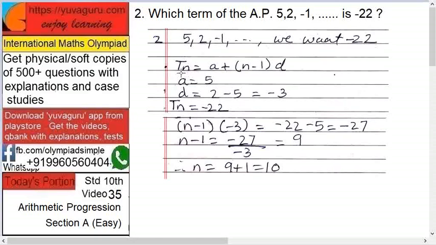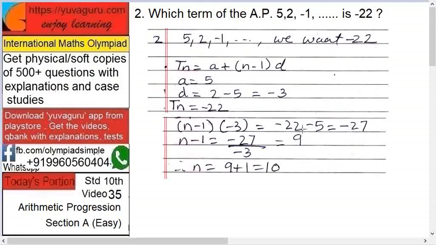Therefore, minus 22 equals to 5 plus n minus 1 into minus 3, right? So take this 5 on the other side. I have directly solved it. So n minus 1 into minus 3 equals to minus 22 minus 5, right? This 5 over here, it will go on the other side and will become minus 5.